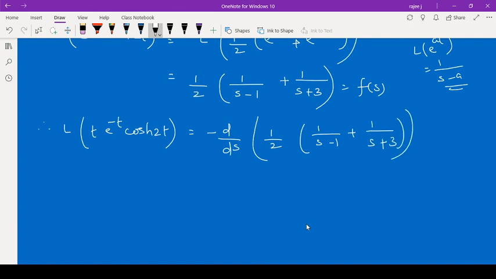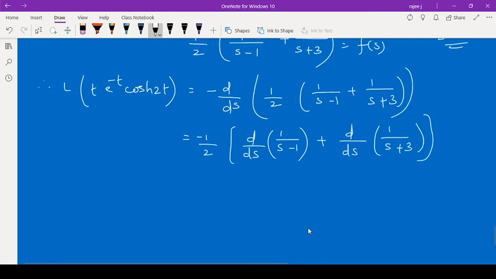So this is equal to 1 by 2, with the minus, taking the derivative of each term: the derivative of 1 by s minus 1, this step you can avoid, plus the derivative of 1 by s plus 3.